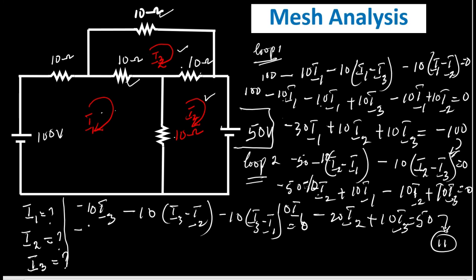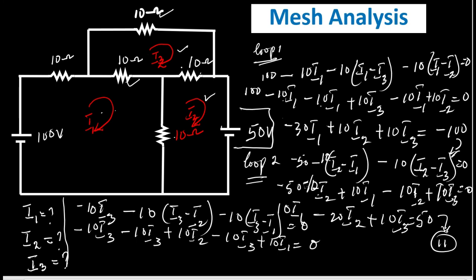So that's minus 10 I3 minus 10 I3 plus 10 I2 minus 10 I3 plus 10 I1 equals 0.